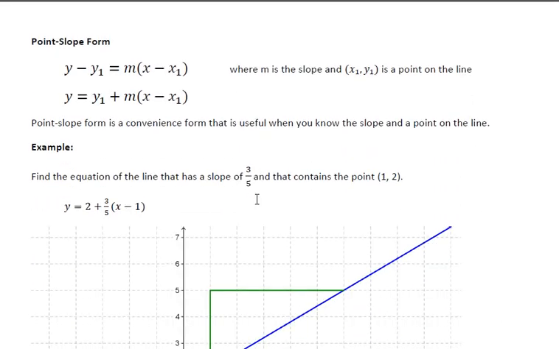The third form of linear equations is the point-slope form. It's taken directly from the formula for slope, which is the difference of y's over the difference of x's.